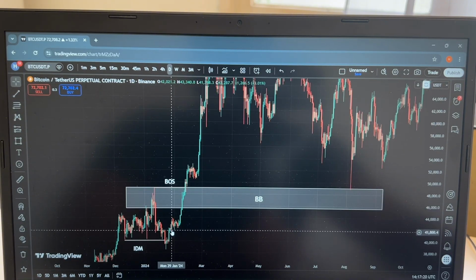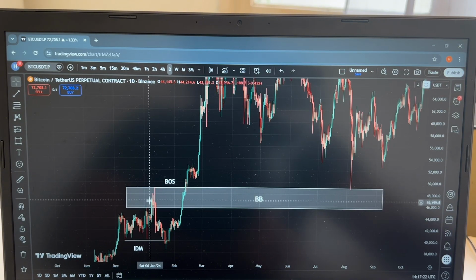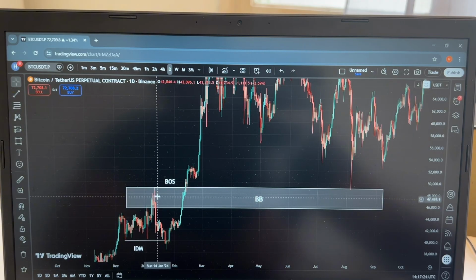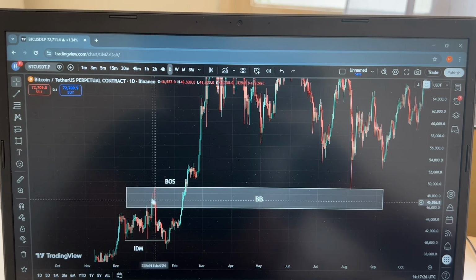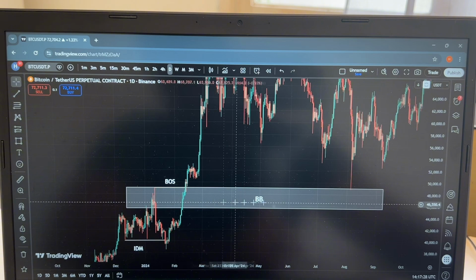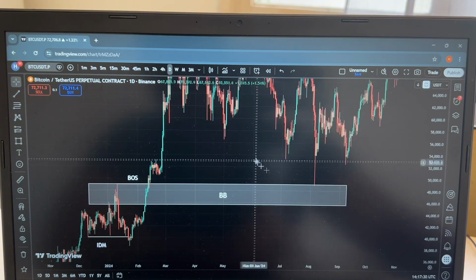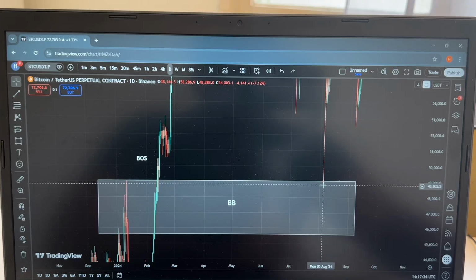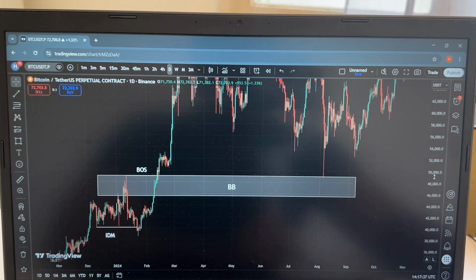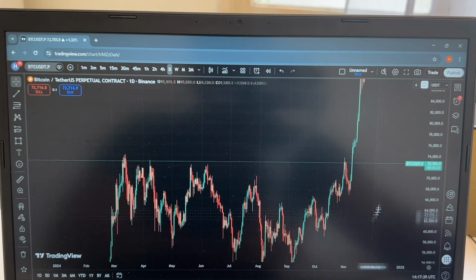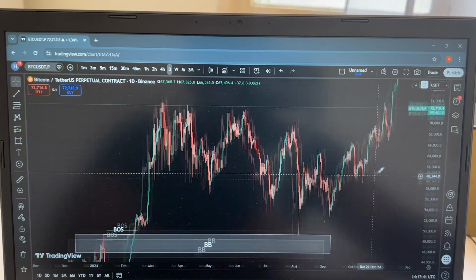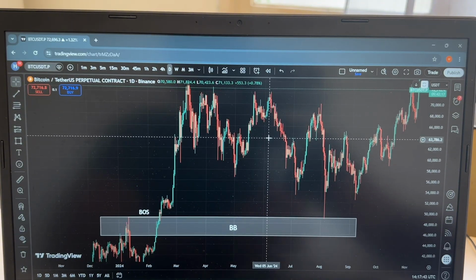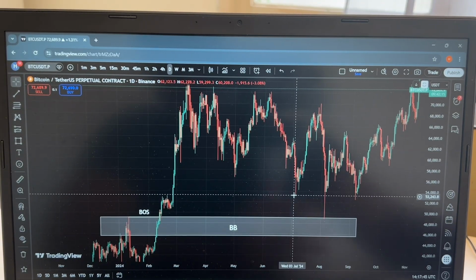In this uptrend, the swing high point, the highest candle, is going to be a breaker block. So there you go. I've clearly marked the breaker block over here, and with a slight tap itself, it just pumped higher. See, there you go. That's a good example of a breaker block.